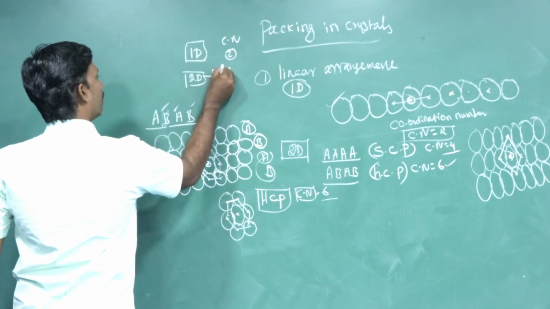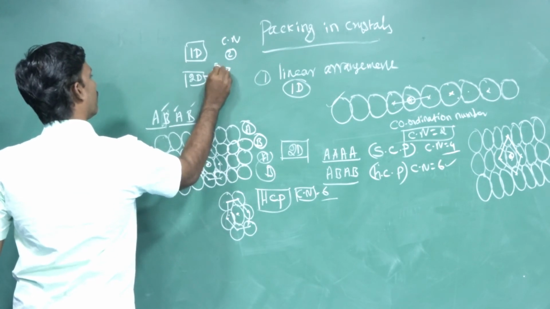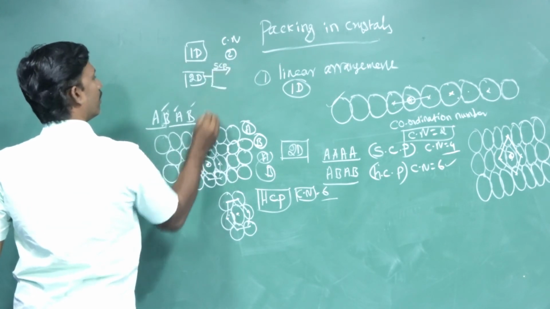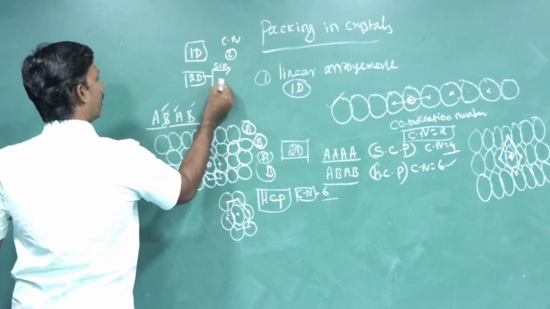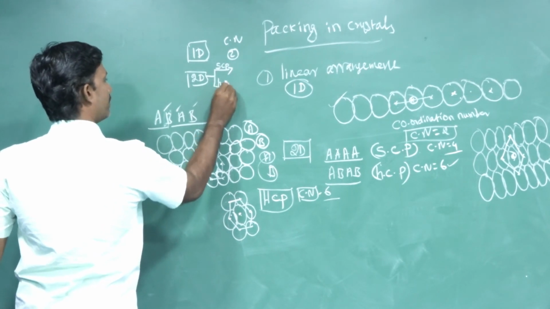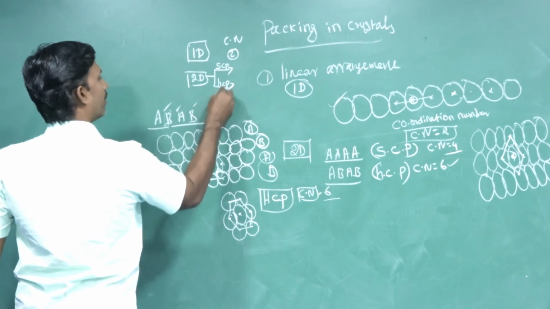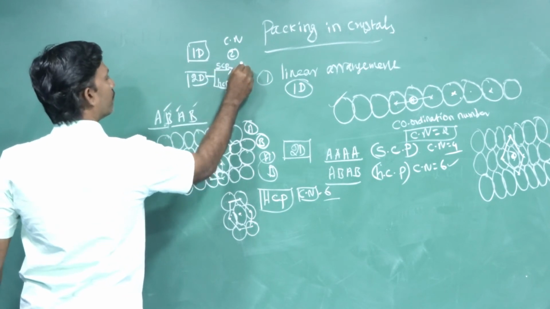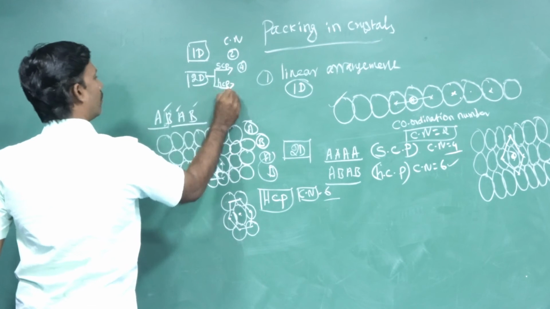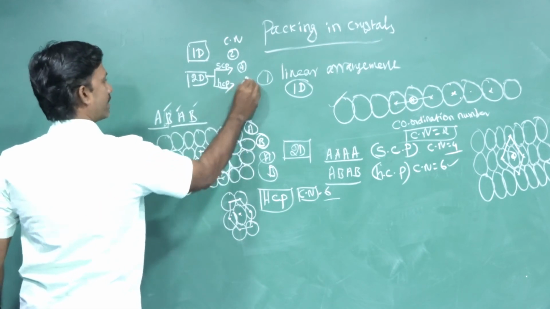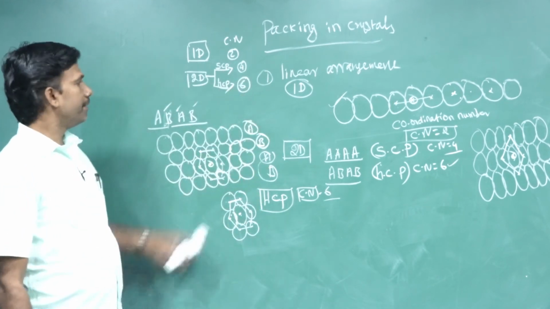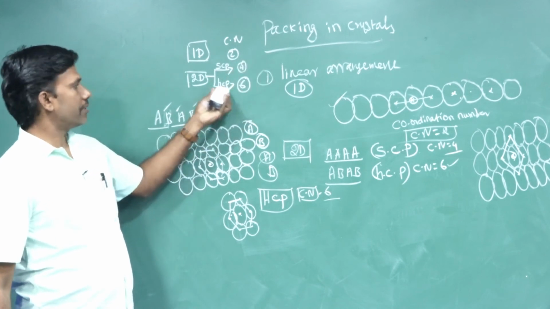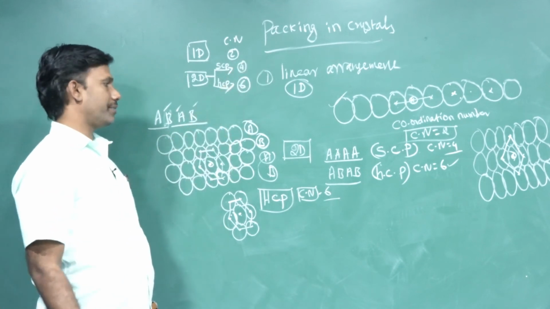One is the AA type, that is SCP. Another one is the AB type, that is HCP. The coordination number of SCP is 4, whereas the coordination number of HCP is 6. That's why it is more stable. HCP is a more stable arrangement.